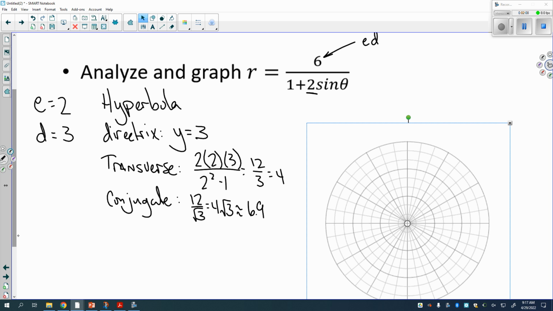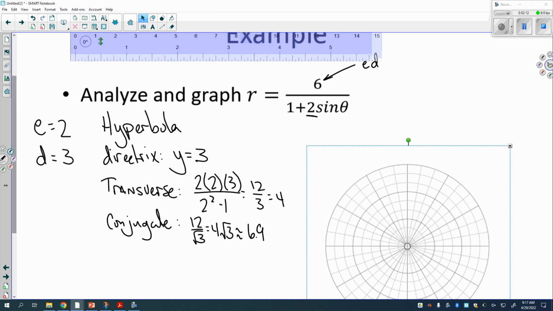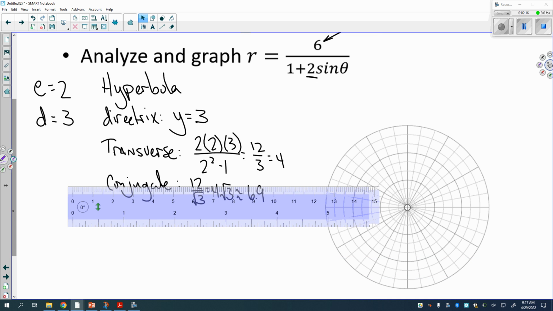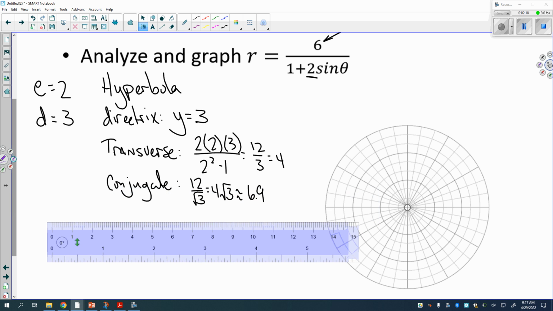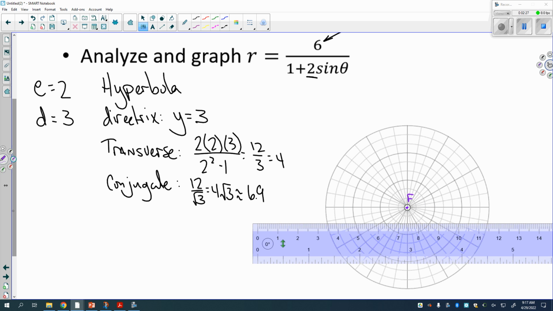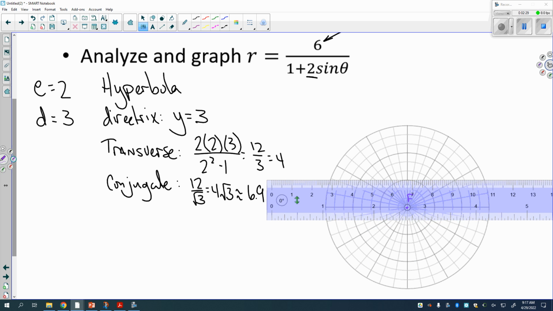Now what I'm going to do, I'm going to put some stuff here onto my graph. So I'll go ahead. I know that my focus is at the pole. It's always at the pole for what we're doing. So that's a focus. I know there's a directrix at y equals 3. Come right up here.